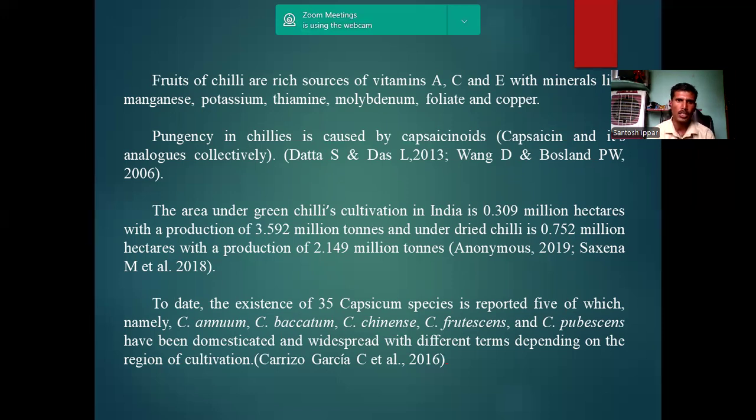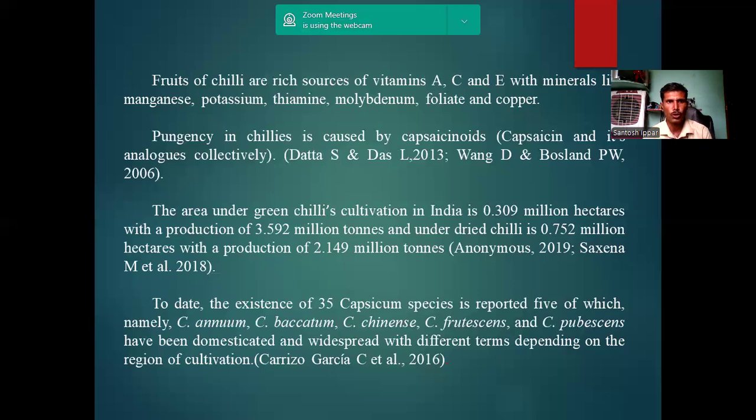As we discuss the commercialization of chili, 10 grams of chili seeds cost about 500 rupees. Fruit cost sometimes increases up to 200 rupees per kg in India. So, with its commercial value, it has a very important place in the diet.